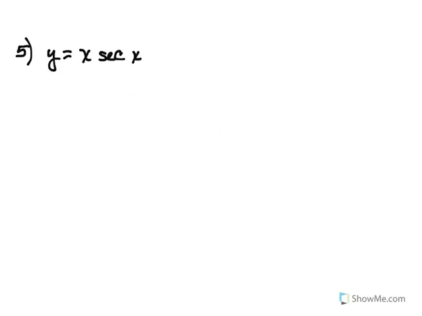This next one's going to require product rule as well. So we'll keep the x, multiply by derivative of secant, which is secant tangent, plus, now we keep the secant, and derivative of x, of course, is just 1, so we can just leave it like that.